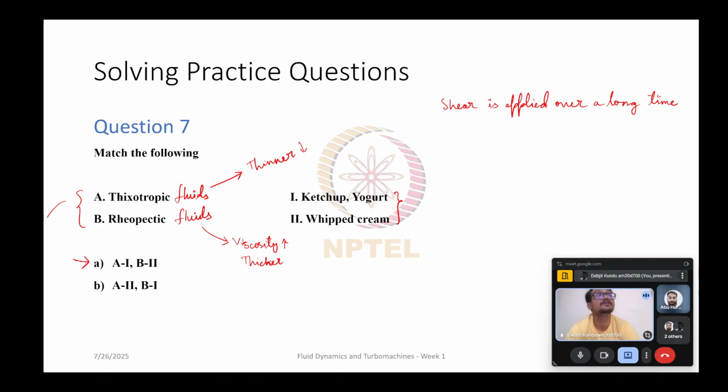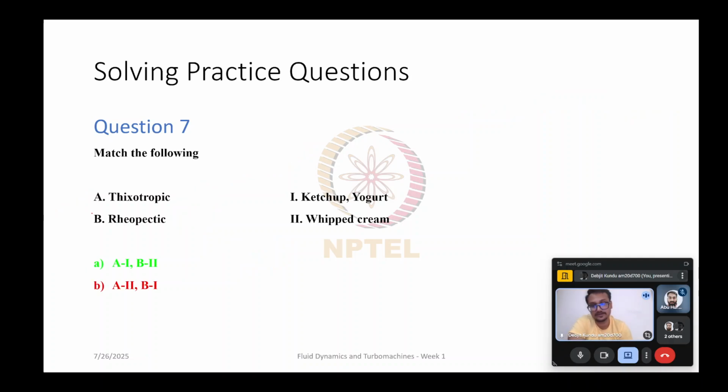Yeah. So let's take a look at the solution. It is indeed option A. So, you take a bowl of curd and you keep mixing with your spoon, it would be pretty solid, well set early on, but after a while it becomes almost like a liquid. You can drink it out of your bowl. Same for ketchup.